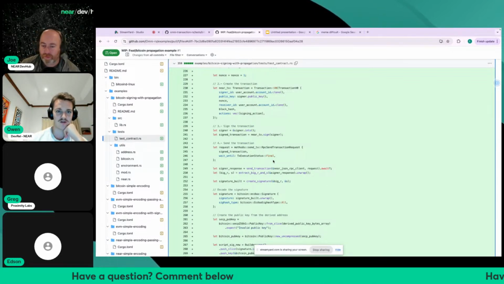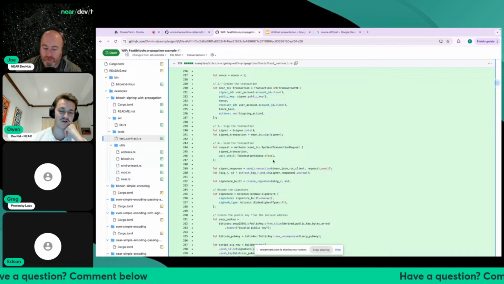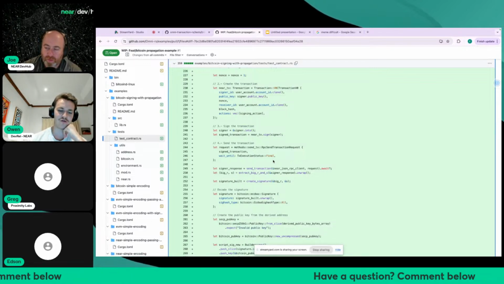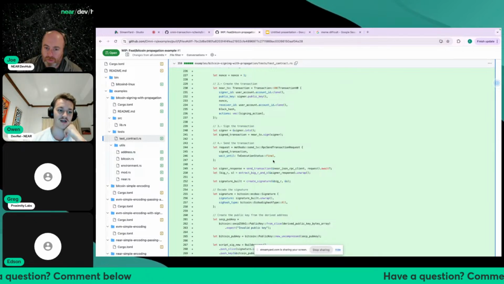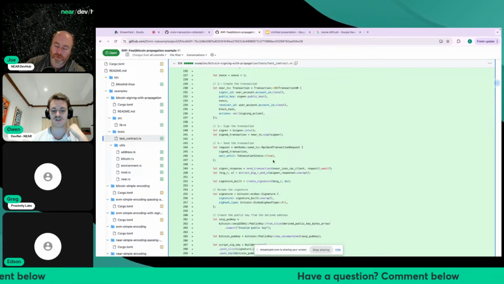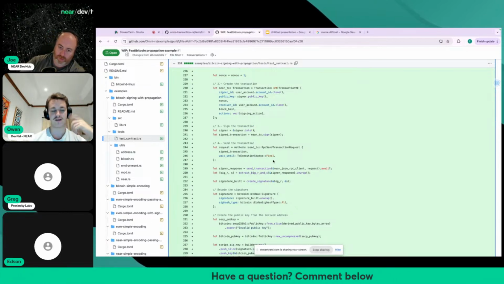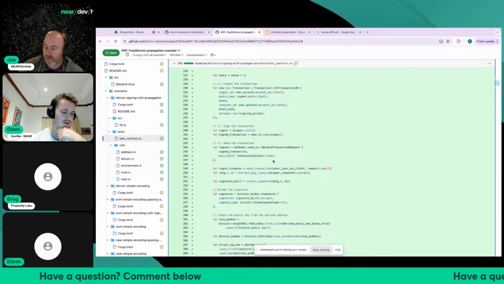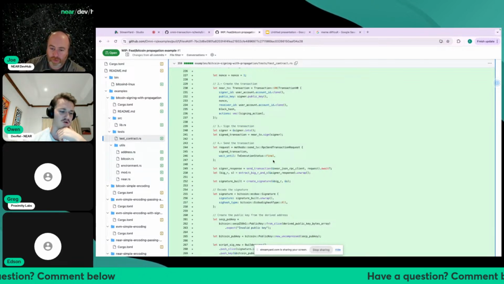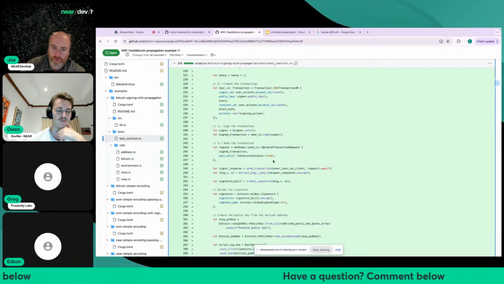But the powerful thing about having this logic in the contract is that you can implement smart contract logic on top of Bitcoin. You can have logic that decides when a transaction can be generated, which allows you to lock Bitcoin up or sell an ordinal on a marketplace, all on top of NEAR.